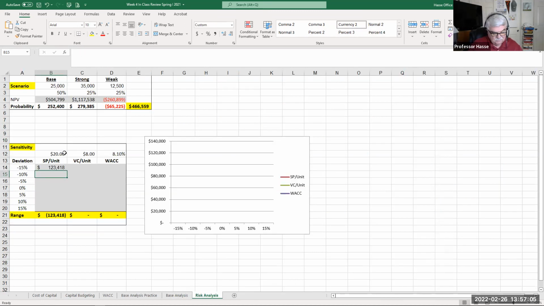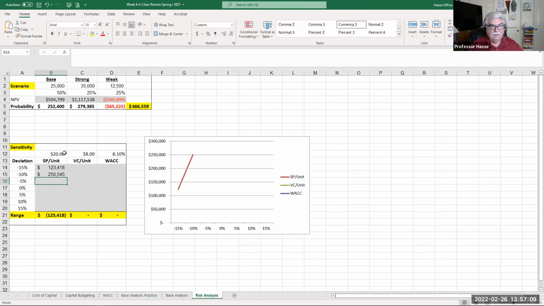Oh, and notice all of a sudden now you see my chart beginning to take place. I'm now going to chart this line of this sensitivity variable, selling price per unit.